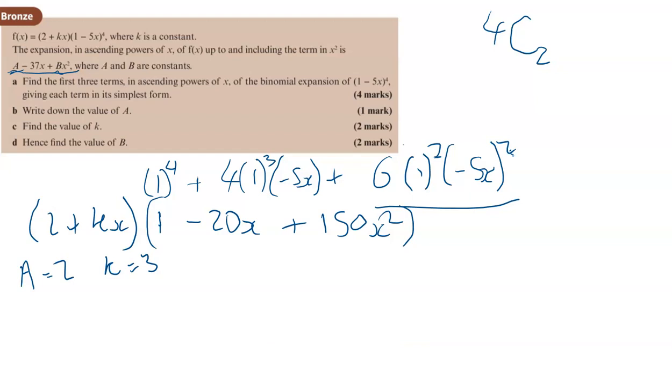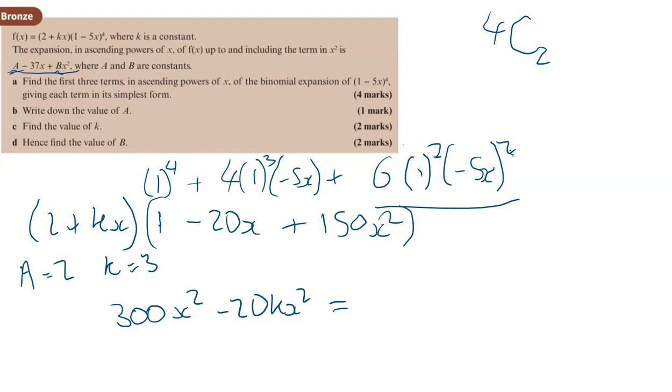now we know what k is, we can look at the x squared term to get b. Here there's two ways to get the x squared term: the 2 times the x squared, so that will be 300 x squared, but also the x term times the x term, so that's minus 20k x squared.